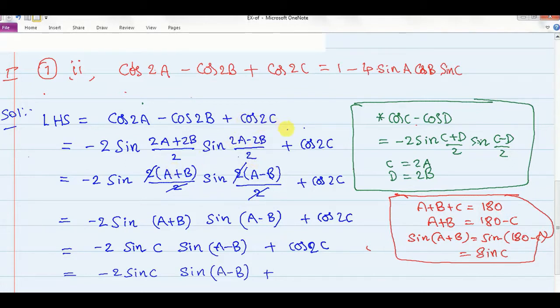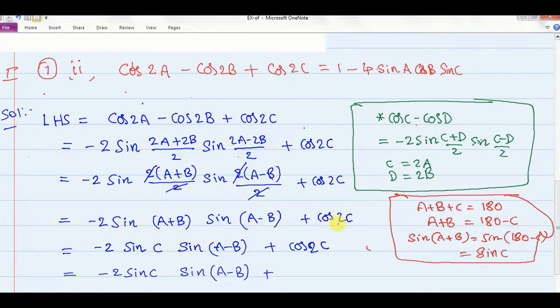Prove that cos 2a minus cos 2b plus cos 2c is equal to 1 minus 4 sin a cos b sin c. Take LHS for getting the solution of this question.